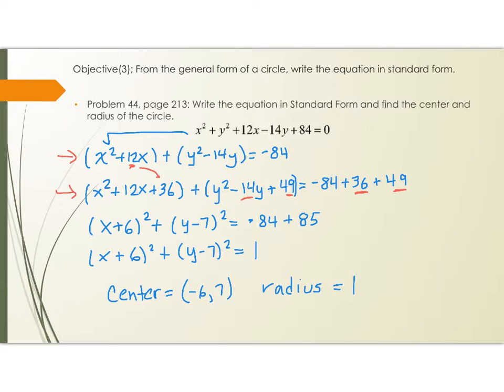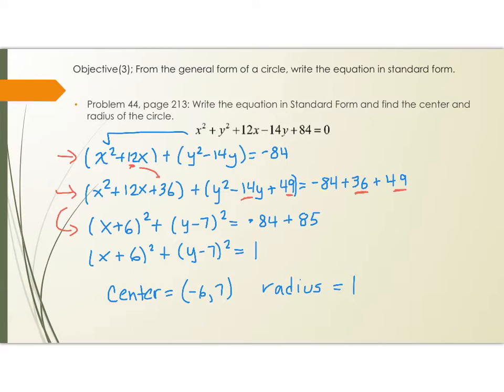Now we have completed the square. We can call this a square. So we have x plus 6 squared plus y minus 7 squared is equal to negative 84 plus 85, because we just added the positive numbers.